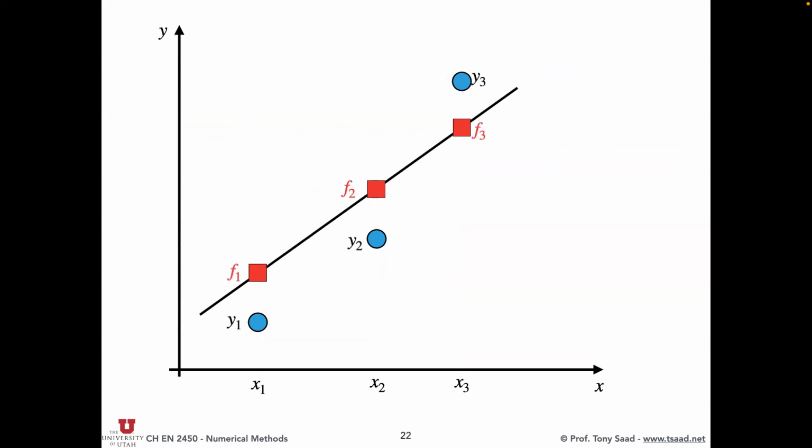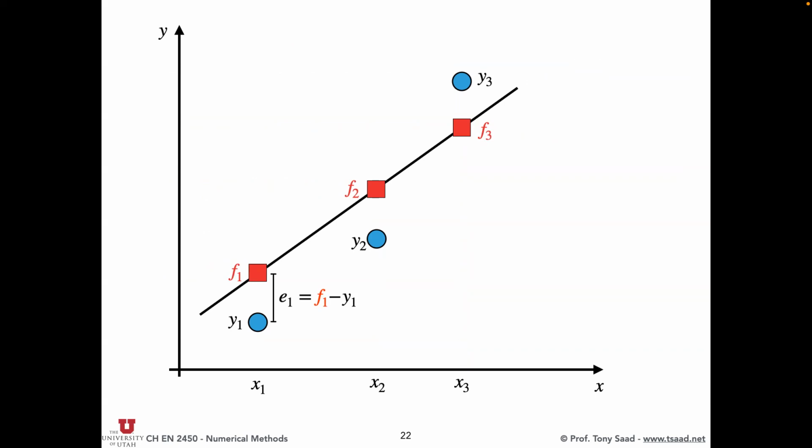I'm going to get rid of those lines. So now you agree that this y1 is really the y value observed, and this f1 is the y value predicted by the model. Same thing for f2 and same thing for f3. The difference between these two is an error. Call it a true error or whatever.